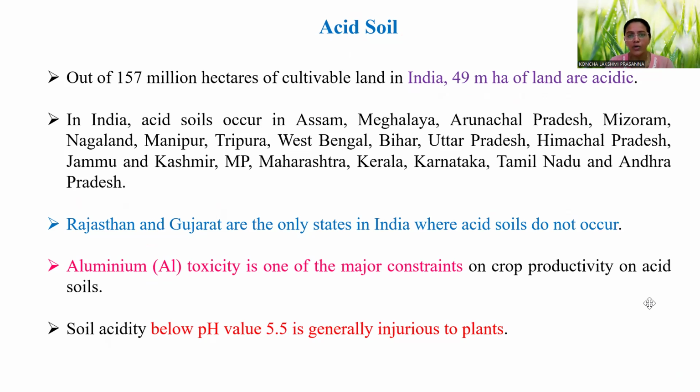Rajasthan and Gujarat are the only states in India where acid soils do not occur. In acid soils, the major constraint is aluminium and iron toxicity, which makes the soil more acidic in nature and affects crop productivity. Acid soils below 5.5 pH are injurious to crop plants.